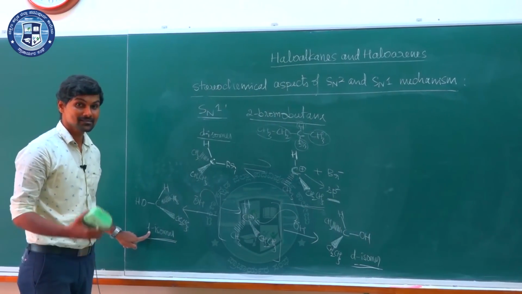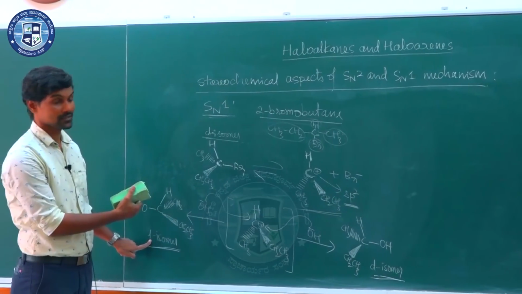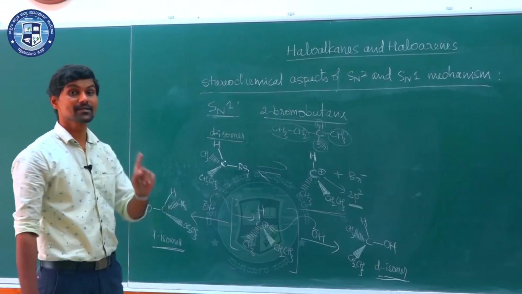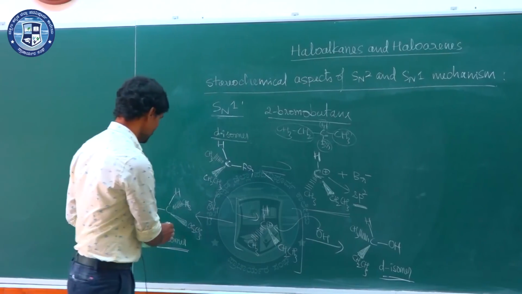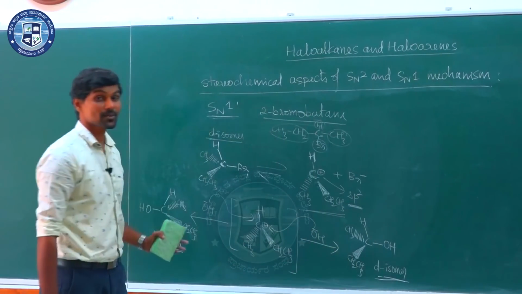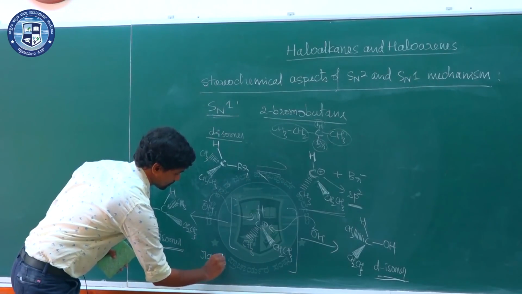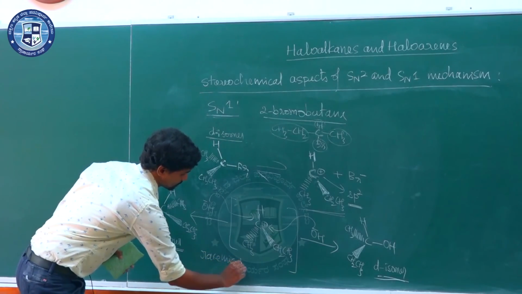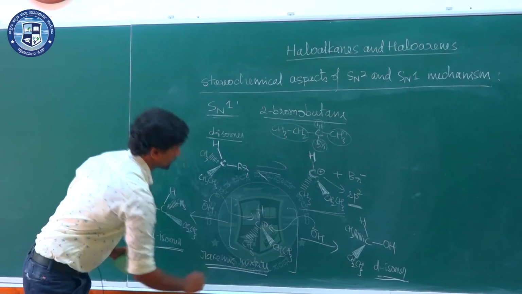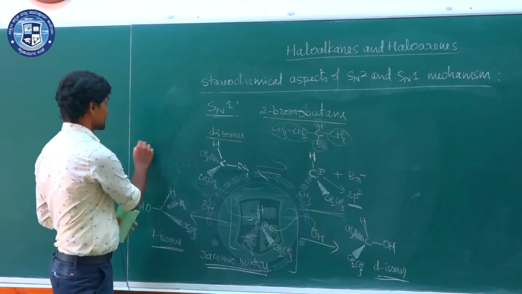Therefore, the mixture you get when the reaction takes place according to the SN1 mechanism will be a racemic mixture, because you got equal proportions of D and L isomer as a product. Therefore, the SN1 reaction, you can call it racemization.